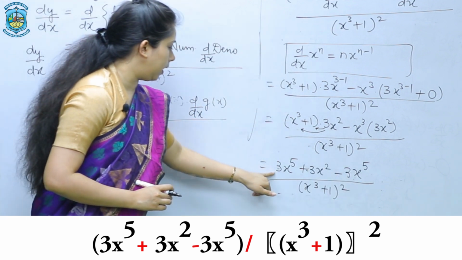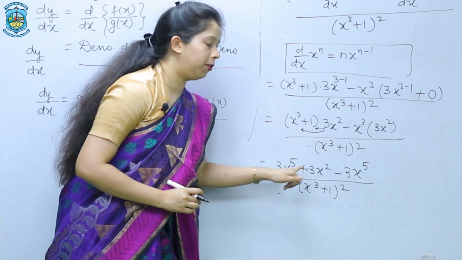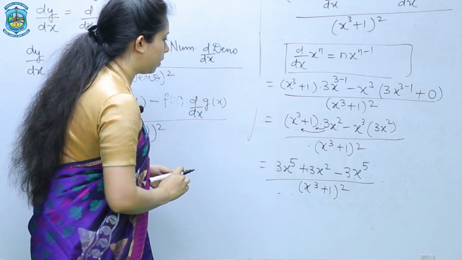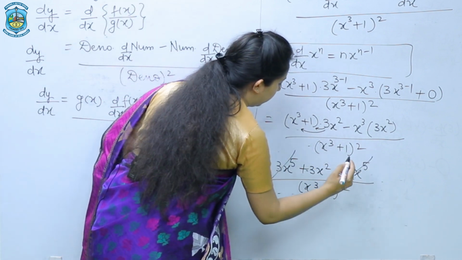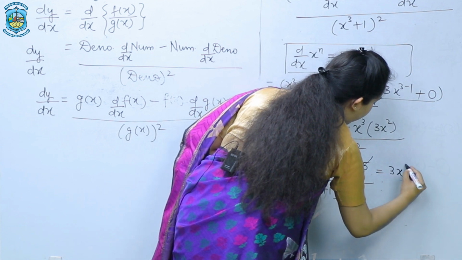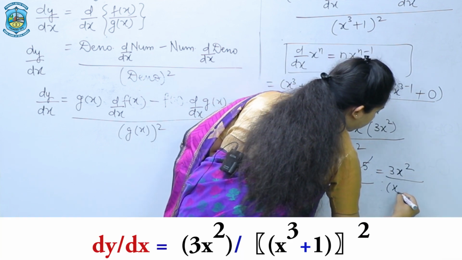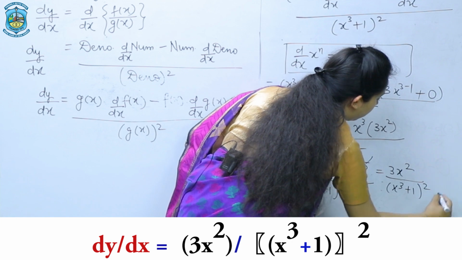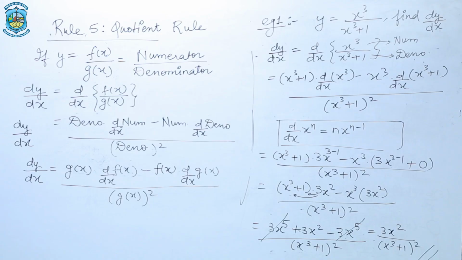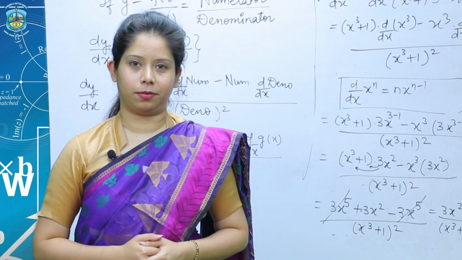You can clearly see that in the numerator we have two like terms with opposite sign. So they will get cancelled and we will get 3x square divided by x cube plus 1 whole square. So this is the final value of the derivative of the function where y was equal to x cube upon x cube plus 1. So this is all about rule number 5.